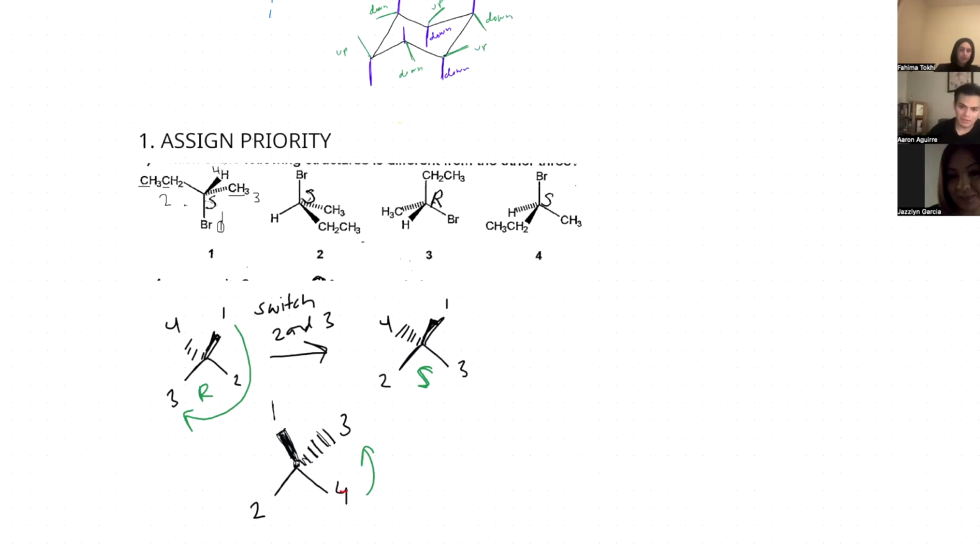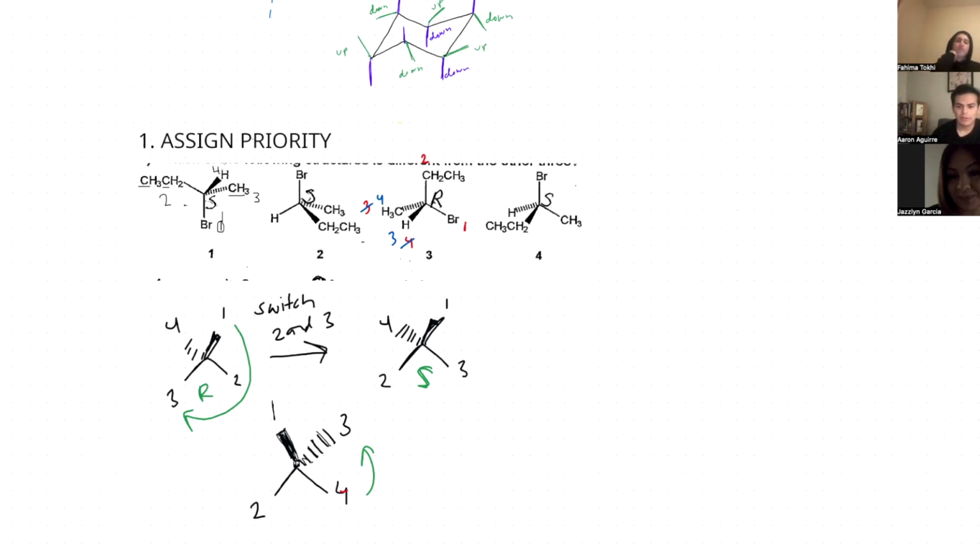I'll give you the example with this number three over here. You said our first priority is this bromine, and then it goes two, three, four, right? So temporarily, in my head, I already assigned priorities. I'm going to swap this one and this one, so it's like that, right?